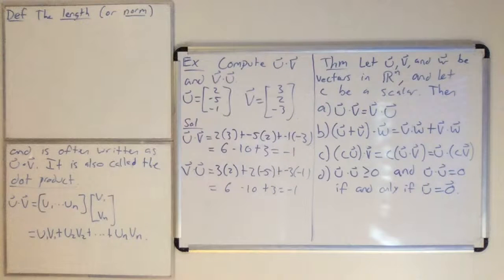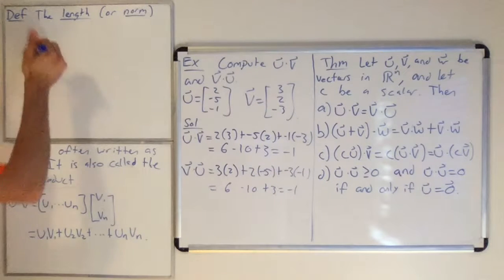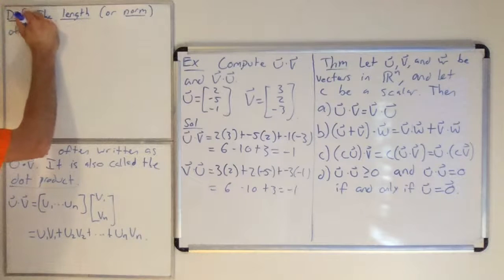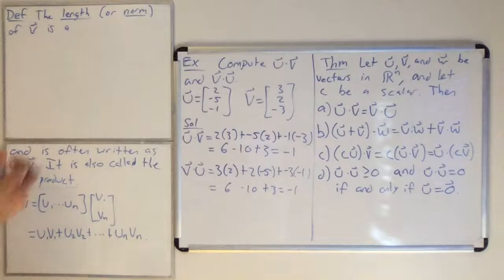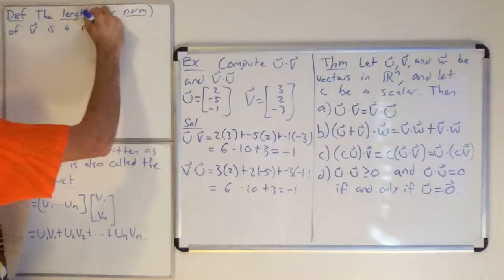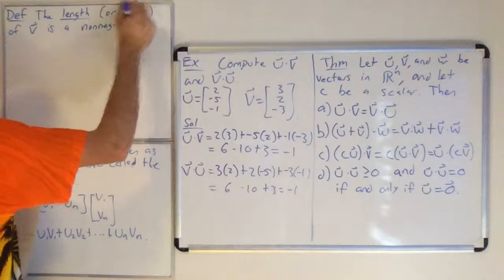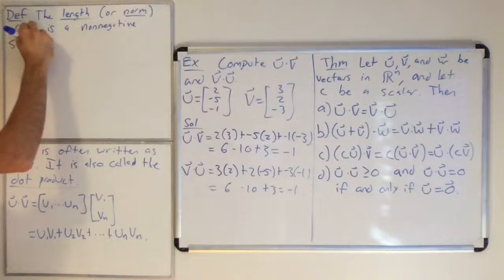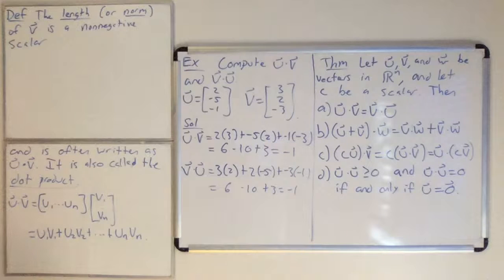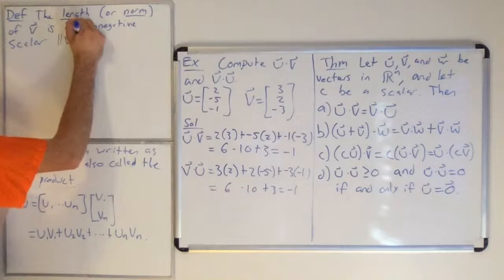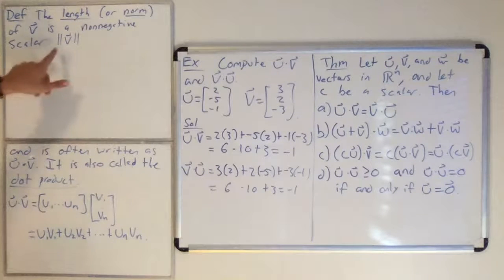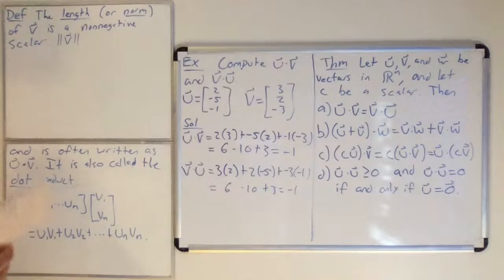So the length or norm of v is a non-negative scalar which we denote with double bars. It's like picture the absolute value of the absolute value. So that's our norm notation, or the length of the vector.